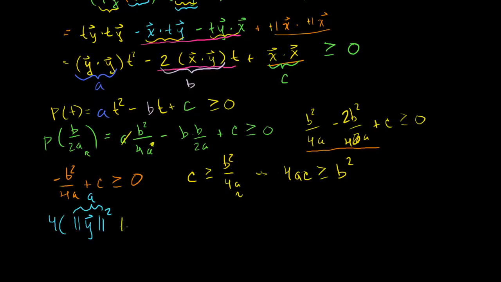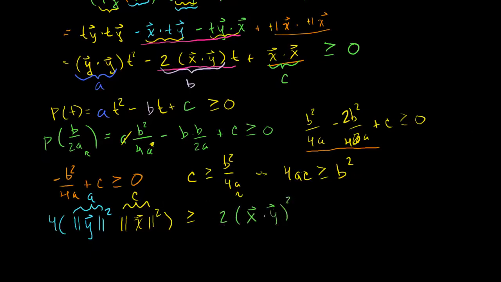Well, x dot x is the same thing as the length of vector x squared. So this was c. So 4 times a times c is going to be greater than or equal to b squared. Now what was b? b was this thing here. So b squared would be 2 times x dot y squared.